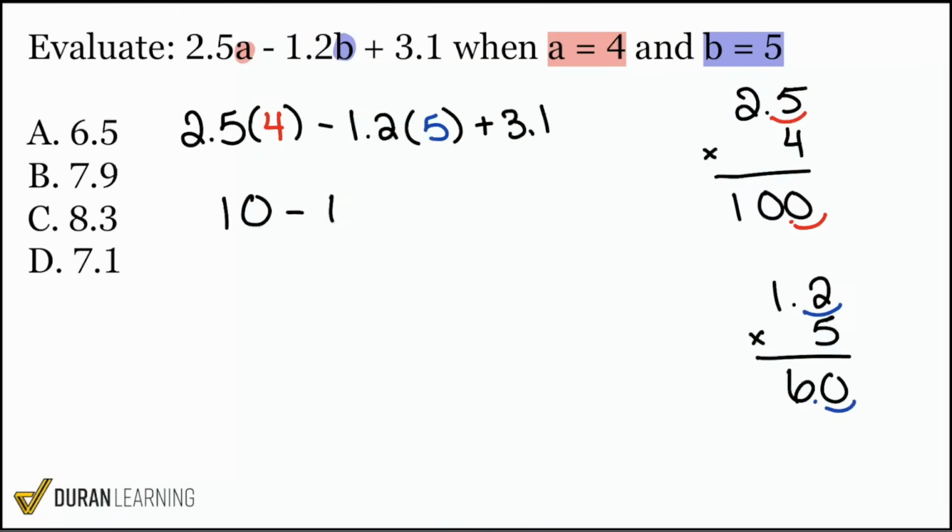So we have 10 minus 6 plus 3.1. And that's it. We have 10 minus 6, which gives us 4. And then we have 4 plus 3.1, which ends up being 7.1. And so therefore, everyone, our correct answer is going to be answer choice D.